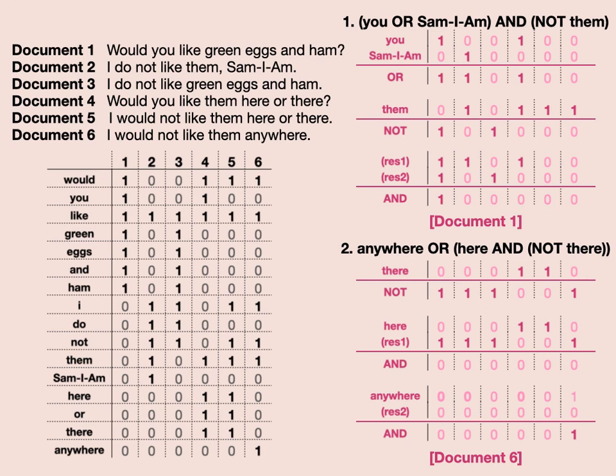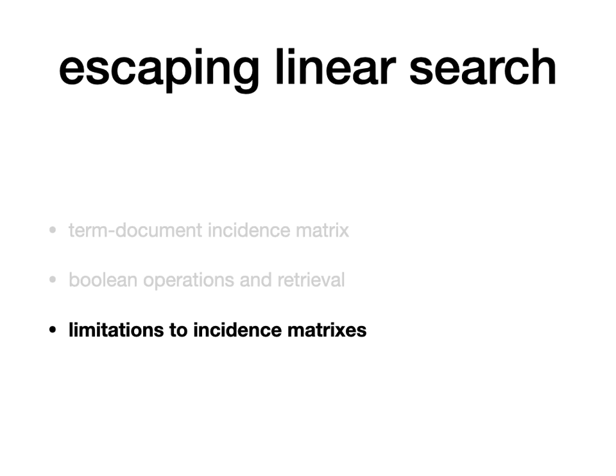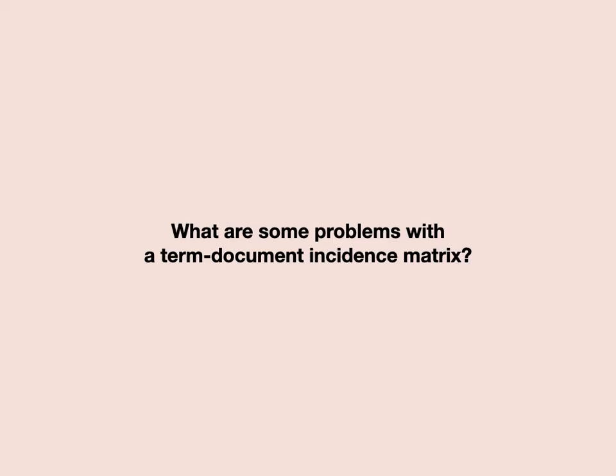These are useful ideas. We have gotten into Boolean operations, how we use them to narrow down search results, all this wonderful stuff. But there's a reason that we're not sticking around with term document incidence matrices. And that's because they have some major limitations. So, what might be some problems with these kinds of indexes?